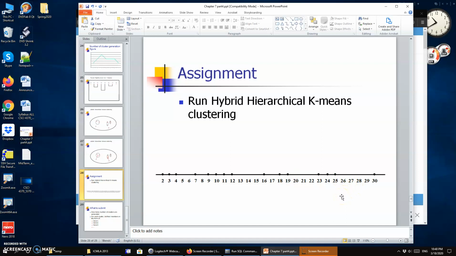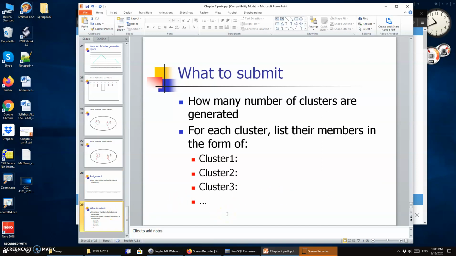I want you to apply the idea of hybrid hierarchical k-means clustering, which means that you need to apply the full hierarchical clustering first, and then find out the point in time that gives you the highest number of clusters, and then use that information to continue with the k-means clustering. So I want you to do that part.